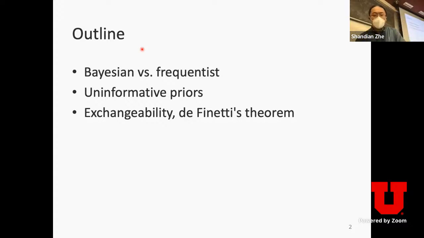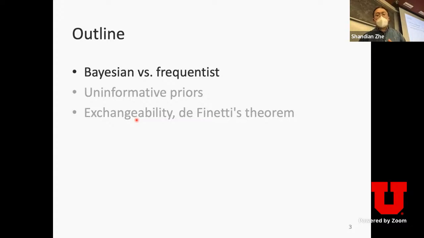I'll explain it later. And then we'll talk about uninformative priors, why they are called uninformative priors, and the idea of objective Bayesian. And then we'll talk about a very important concept called exchangeability and de Finetti's theory. You will see that exchangeability actually plays the central role in Bayesian modeling, and gives you some justification for why Bayesian philosophy is good and right.